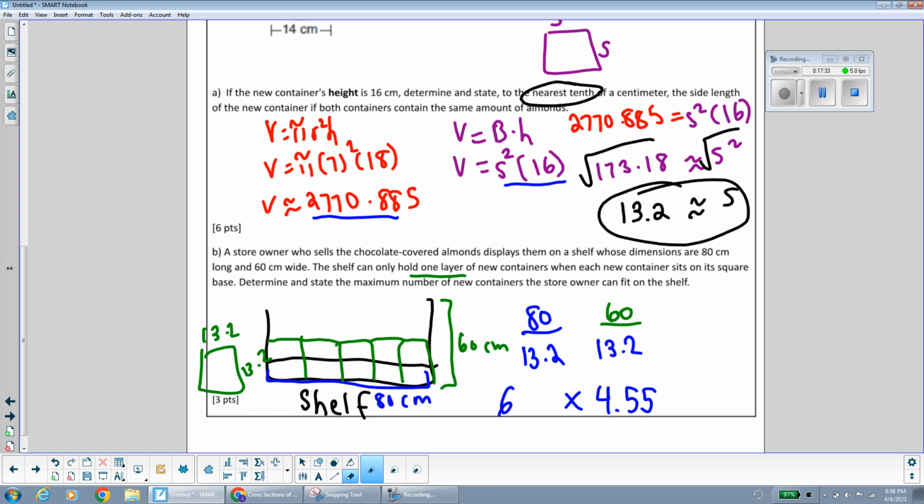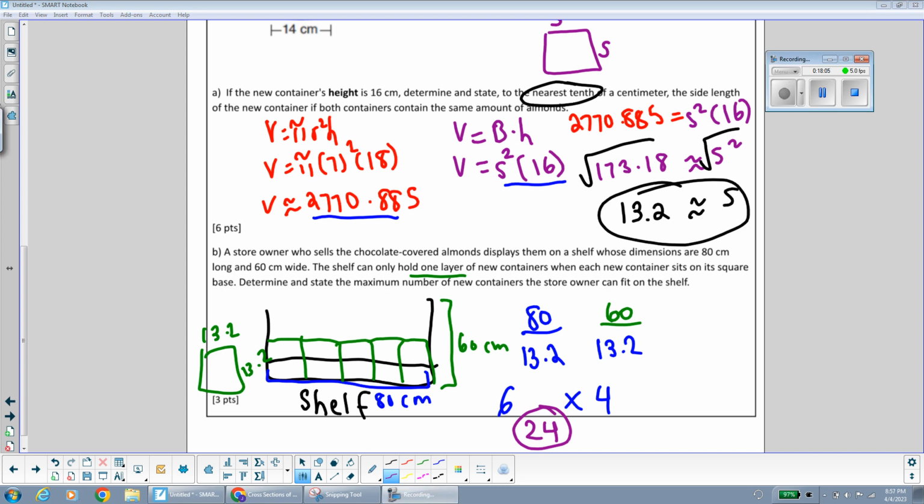Over here, we can't have 4.55 of a container, and we don't have enough space for 5 containers on the shelf, so the most that's going to fit is 4 containers. When I multiply together, I get 24. 24 is the maximum amount that can fit on the shelf.